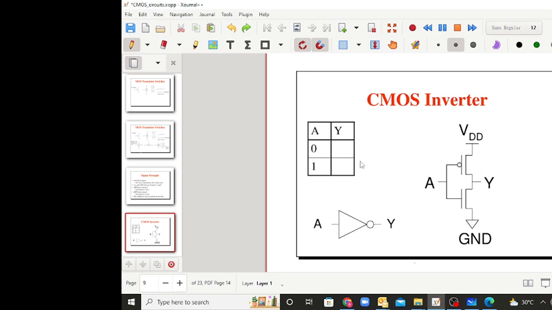Okay, so now imagine that A is 0. You are giving a 0 here, connected to the gate of both the NMOS transistor and the PMOS transistor. If the gate voltage is 0, your PMOS will conduct. This will be on and this will be off.